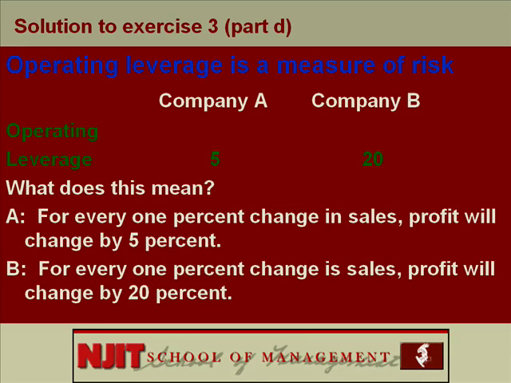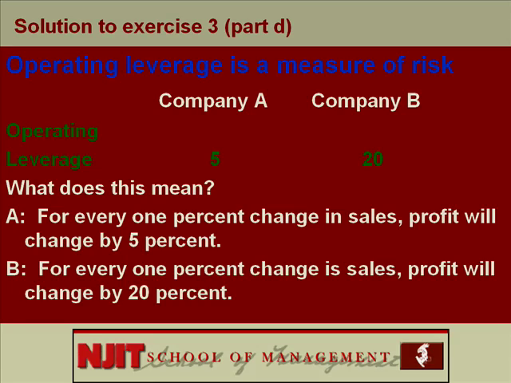For B, for every 1% change in sales, profit will change by 20%. So if sales go up 1%, the profit increases 20%. That's a good side. The bad side is if sales drop 1%, the bottom line profit drops 20%.